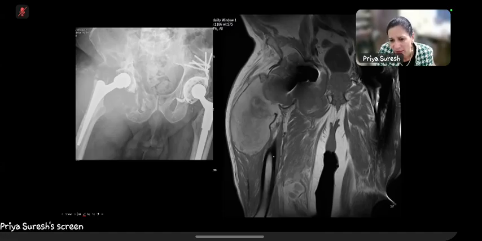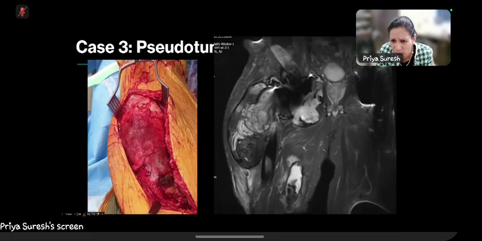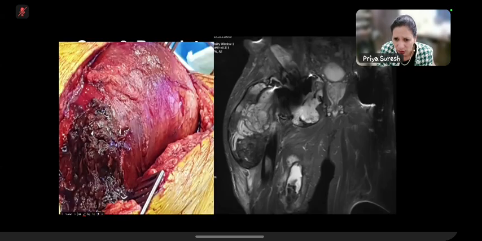And there is the zone of transition. You have normal marrow adjacent to this abnormal marrow. It's not like when you get tumors, where you get a broad zone of transition. Here it is a narrow zone of transition, where the normal marrow stops and the abnormal marrow is.